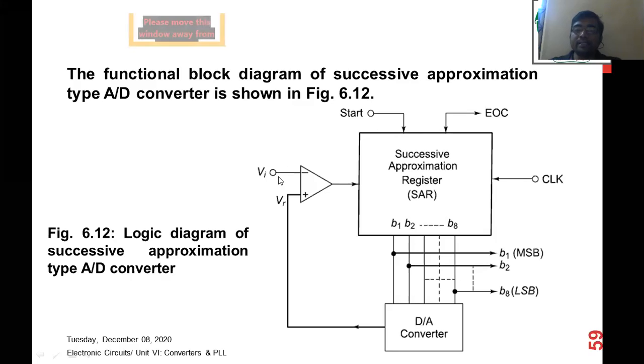If Vi is greater than VR, the MSB is retained and the second MSB would be 1. But if Vi is less than VR, then the MSB would be 0 and the second MSB would be 1, and this process continues until we reach the LSB. Here we are talking about the 8-bit successive approximation type A to D converter.